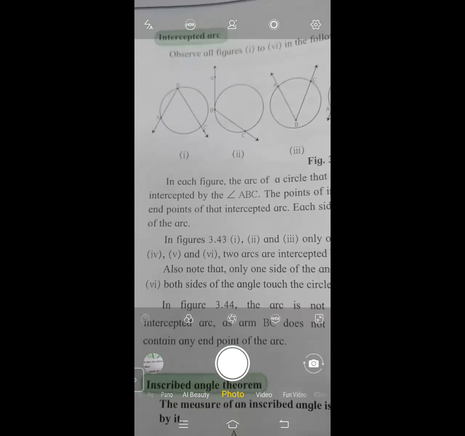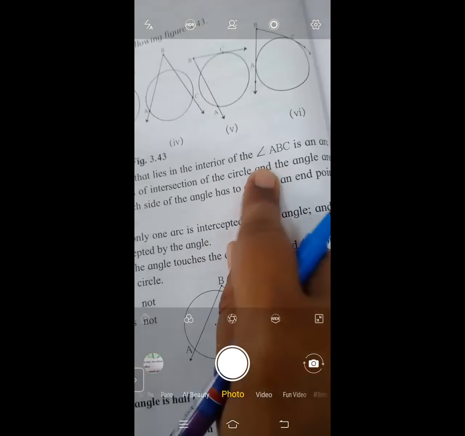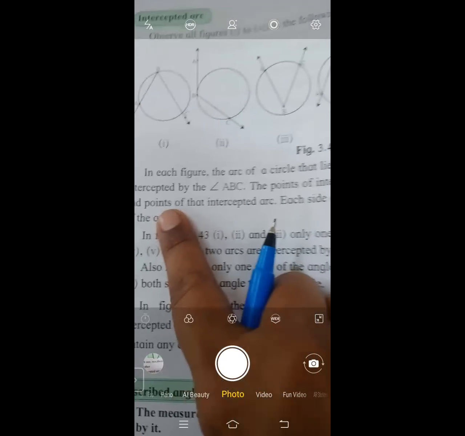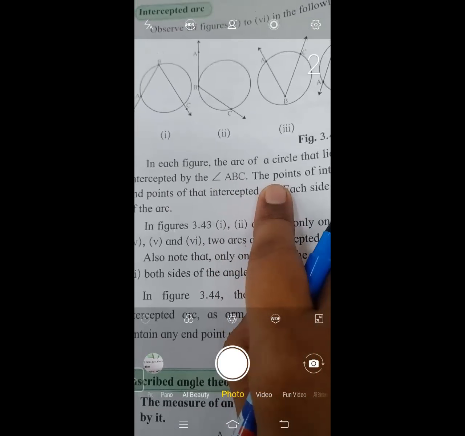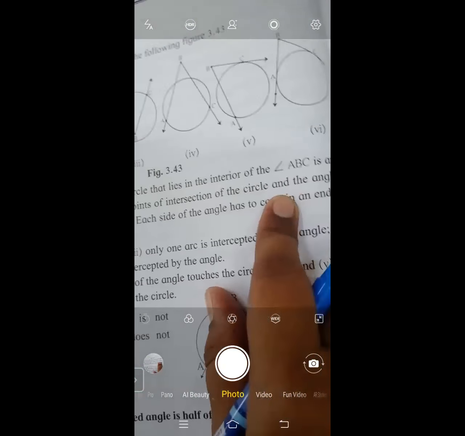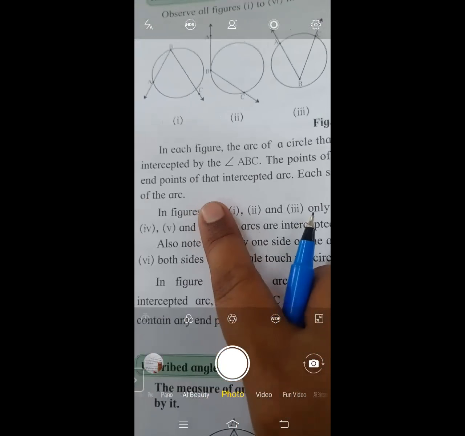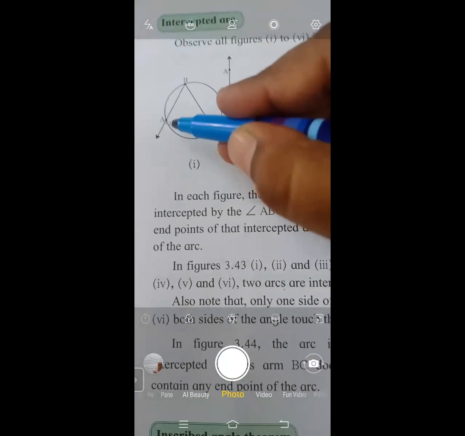Okay, so in each figure, the arc of a circle that lies in the interior of angle ABC is an arc intercepted by the angle ABC. The points of intersection of the circle and the angle are end points of the intercepted arcs. Okay, these are the end points of the intercepted arc.